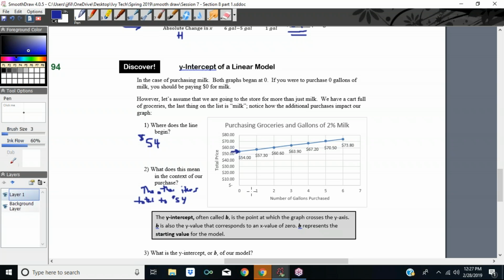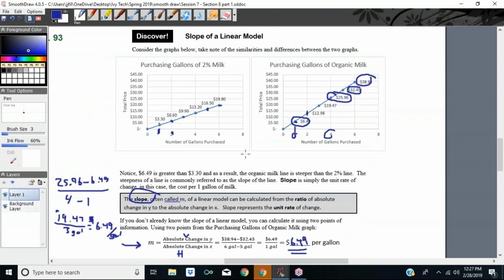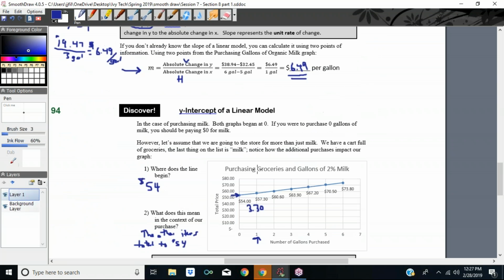Notice how 1 gallon of milk purchased, it goes up by $3.30, right? So the line is increasing by $3.30, just like up above on the left. It doesn't look as steep though because we're counting by tens on the left-hand column this time.